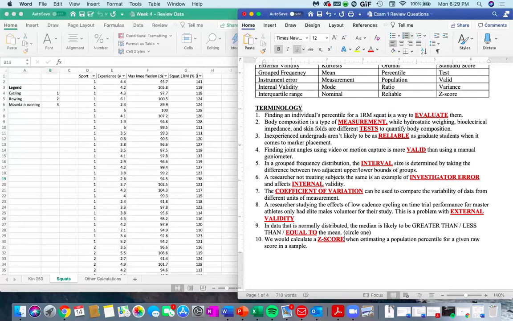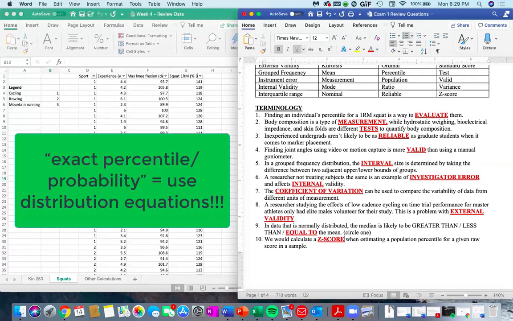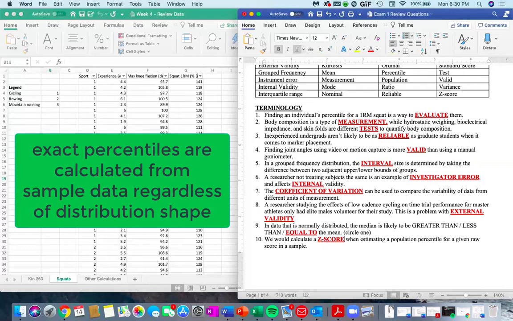So if we use a z-score to estimate a percentile for either a population or for a score within a sample, we're using a z-score on the basis that we're assuming our sample or our population is normally distributed, okay? When you're looking for an exact percentile within a given population or a sample, it's regardless of the distribution shape, right? It's kind of just like, well, these were the measurements that we collected.